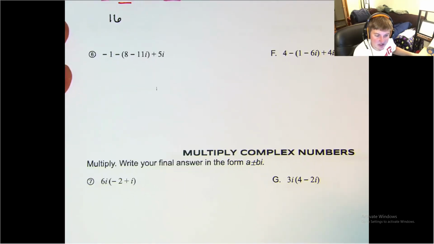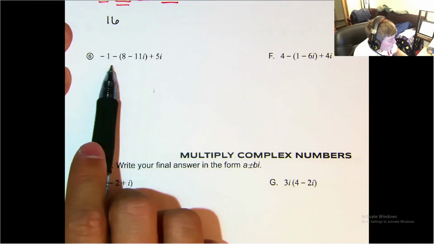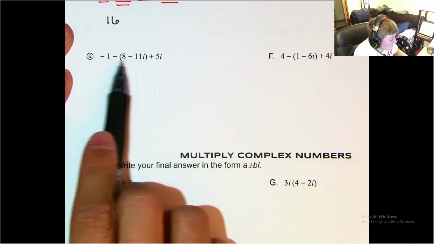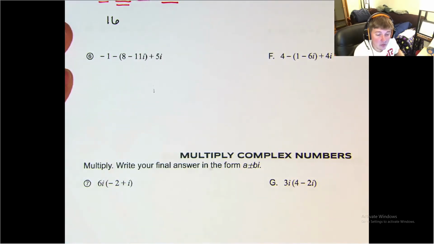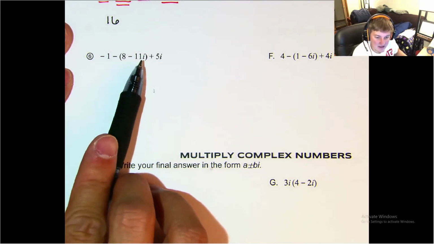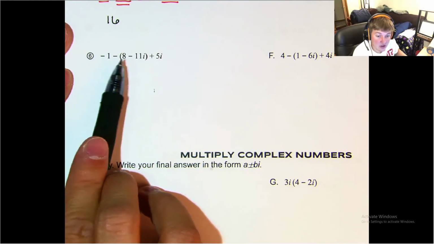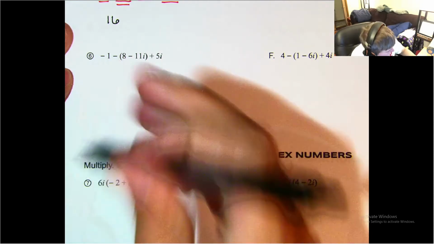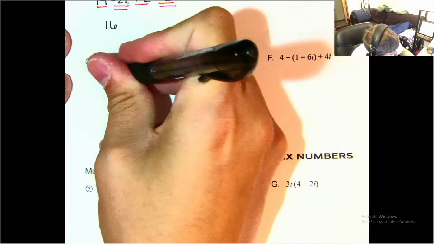Okay, so this one's a little more complex, number 6, in that I have a little bit more going on. So again, I need to do some work to drop these parentheses. Sometimes when you're adding, you really aren't going to do a whole lot to need to drop those parentheses. Here I'm subtracting the entire number, 8 minus 11i. So that means I have to do some work since I'm subtracting this whole thing to drop the parentheses. So here I'm subtracting a positive 8, so that's just minus 8.